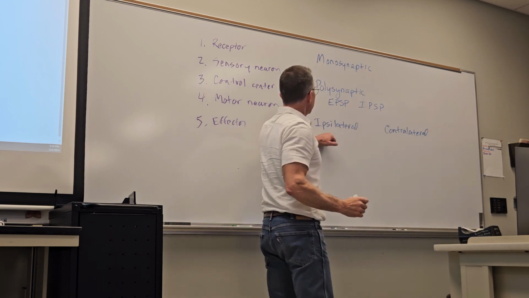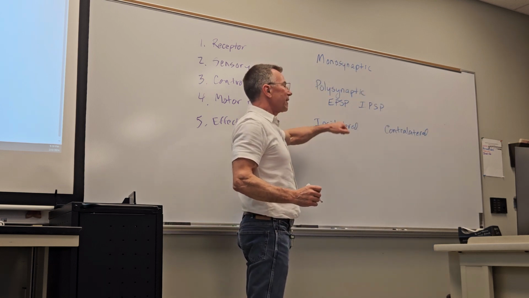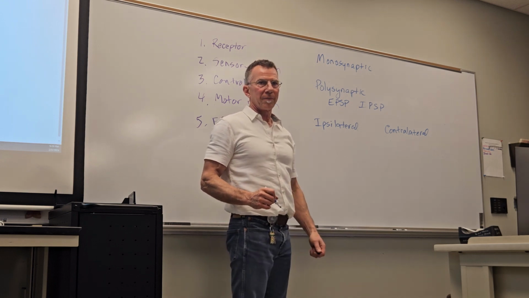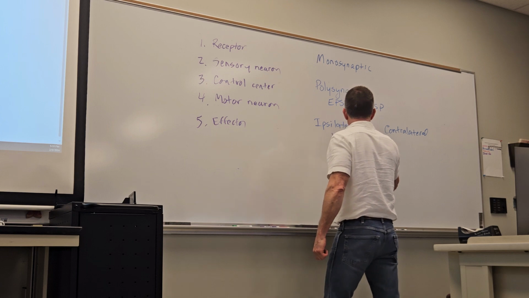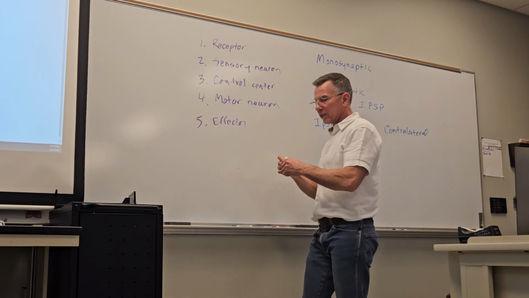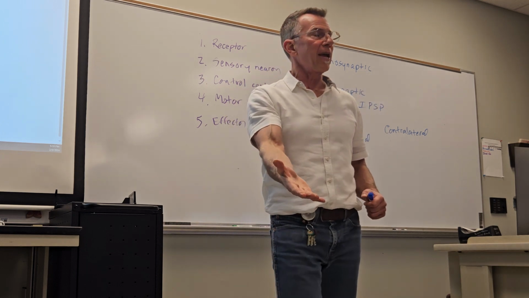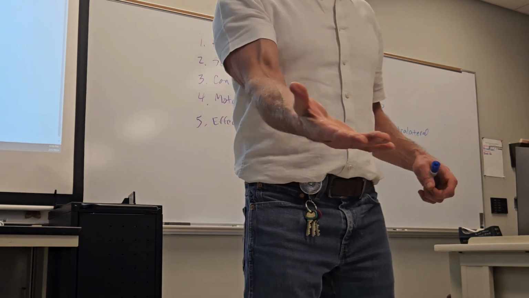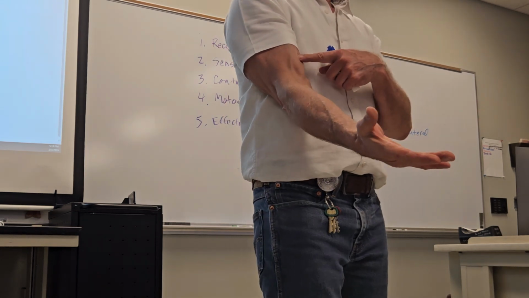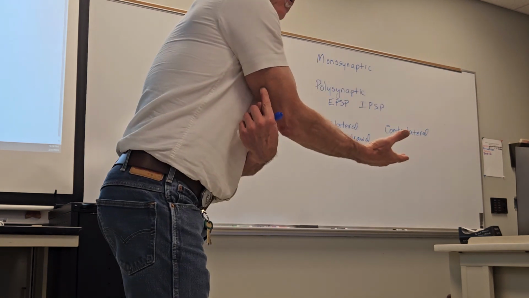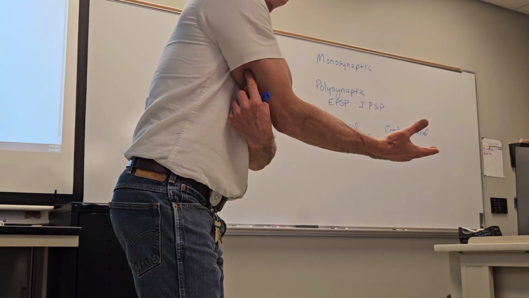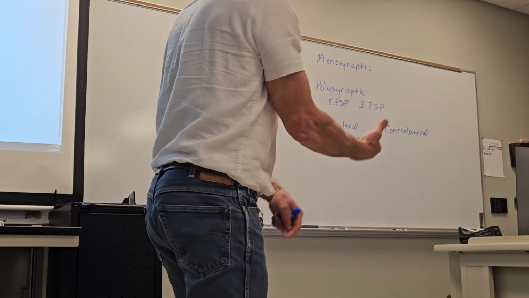What is our classic example of a polysynaptic ipsilateral reflex? Withdrawal reflex. With the withdrawal reflex, if I touch a hot pan, what kind of a nerve impulse am I going to send to my biceps brachii? Excitatory. And then what kind to my triceps to get it to relax so it doesn't get injured? Inhibitory.